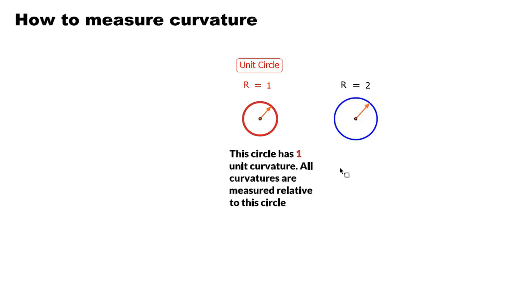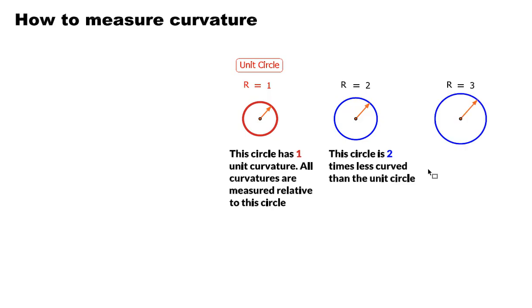Let's take a circle with radius equal to 2. It's clear that this circle is 2 times less curved than the unit circle. Let's take a circle with radius equal to 3. This circle is 3 times less curved than the unit circle.